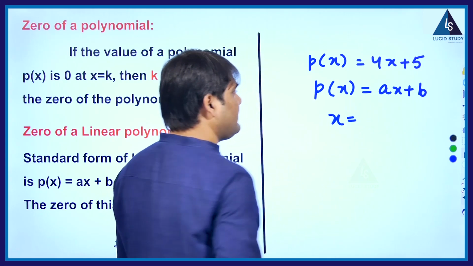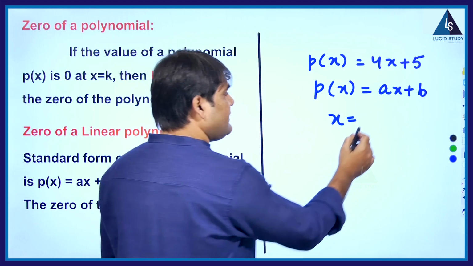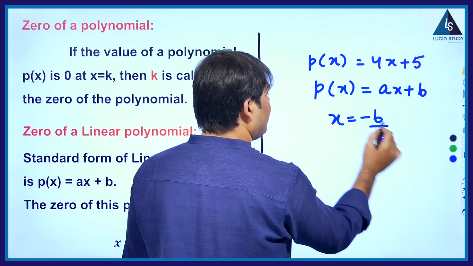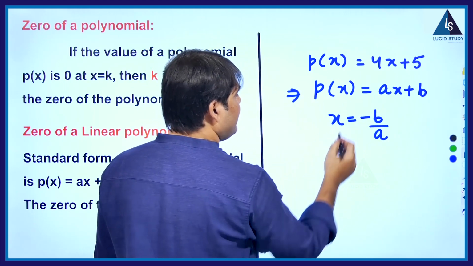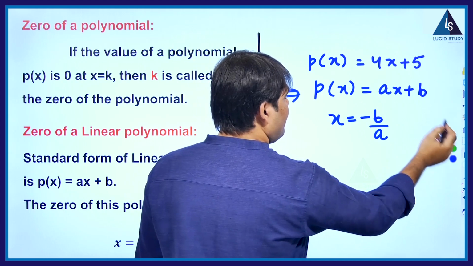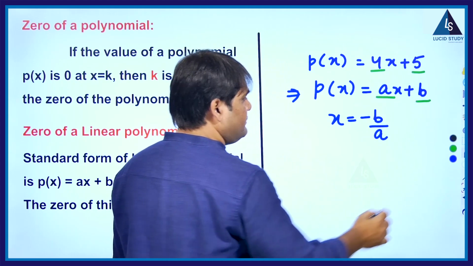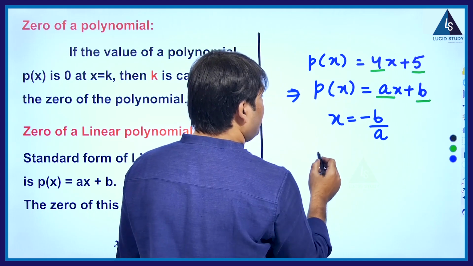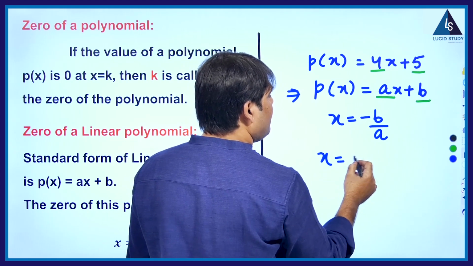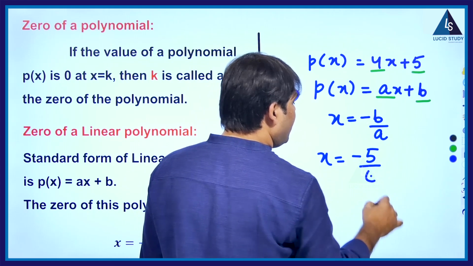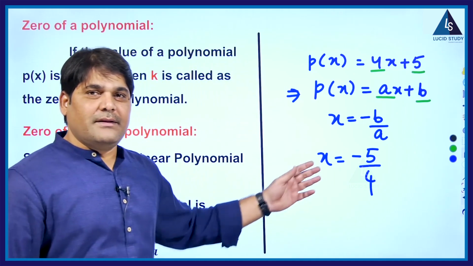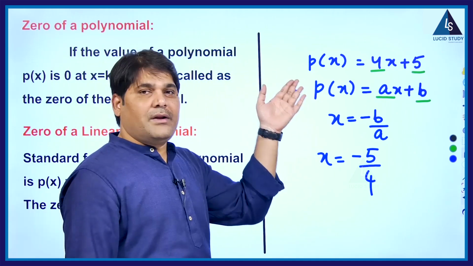For p of x is equal to ax plus b, x is equal to minus b by a. Here what is b? 5. What is a? That is 4. So for this polynomial, the 0 will be x is equal to minus 5 by 4. This is the 0 of the given polynomial.